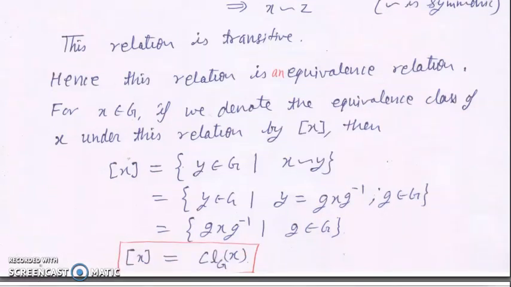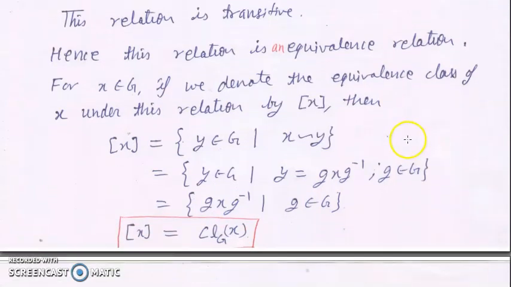For each equivalence relation we can define an equivalence class. Suppose X is an element of G, then the equivalence class of X is denoted as [X]. Then this [X] is nothing but those Y in G such that X is related to Y. So this is those Y in G such that Y can be written as gxg inverse, where g belongs to G. So in place of Y we can write gxg inverse.